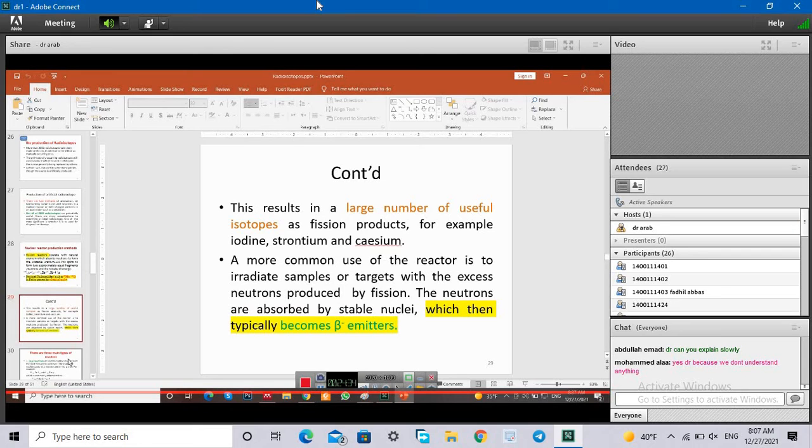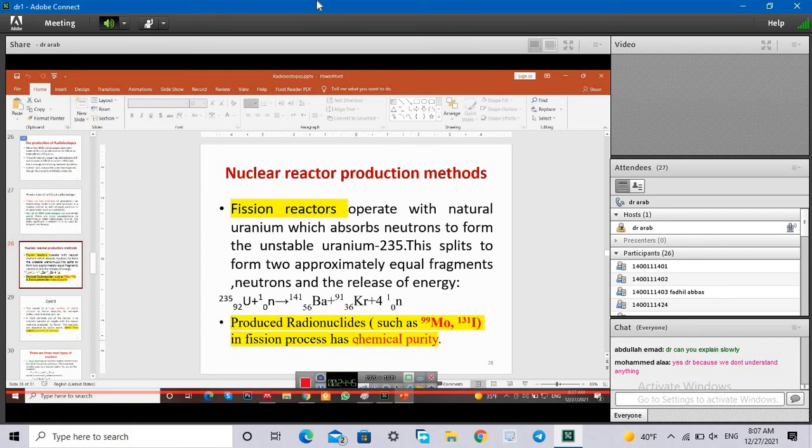Again, I summarize that in the fission reaction we have three important properties. One is the high chemical purity of the daughter. Another is the common radionuclides produced through this method, which are molybdenum and iodine.